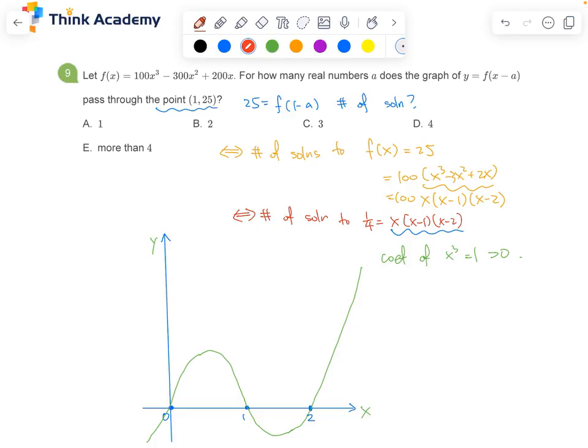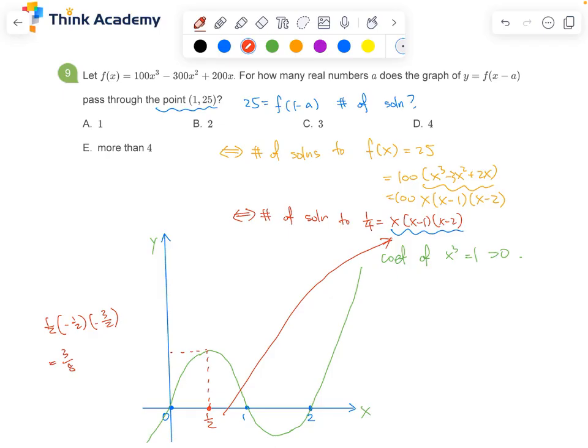Basically, I simply need to check where 4a is on the y-axis. First, let's check what is the value at a half. If you just plug in a half to x times (x minus 1) times (x minus 2), you can see that it would be a half times minus a half times minus 3 over 2, which would be 3 over 8.